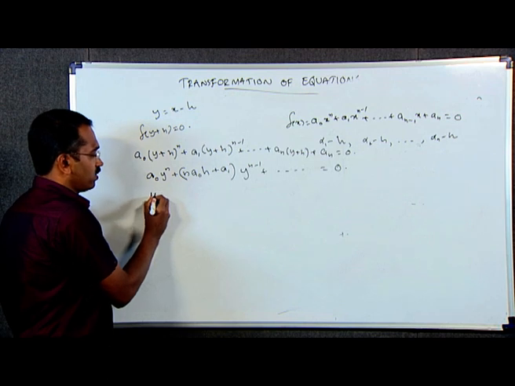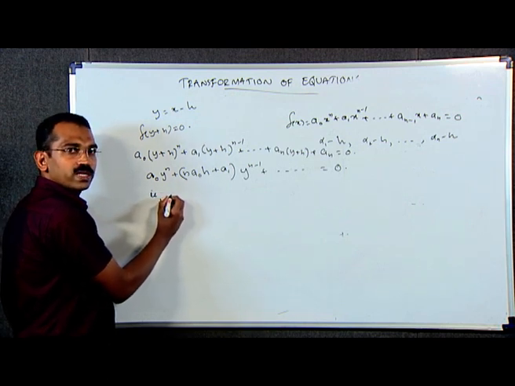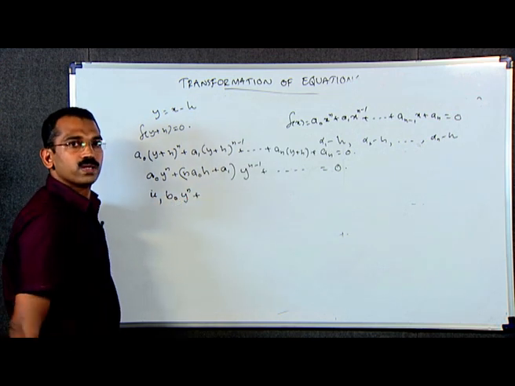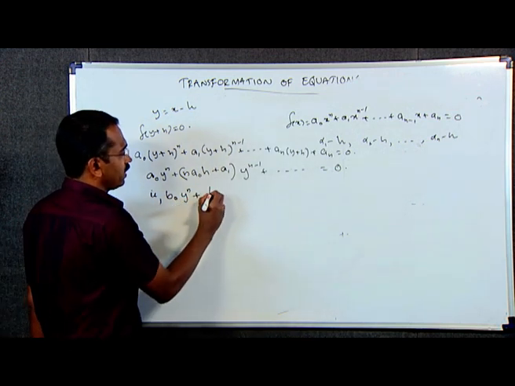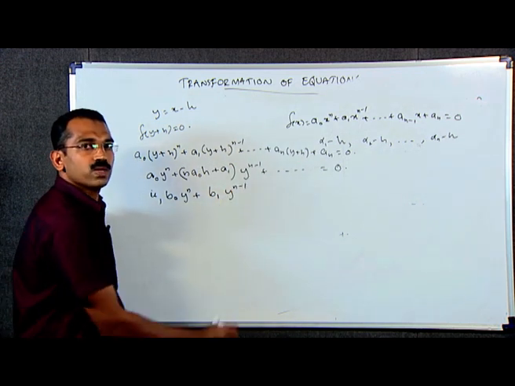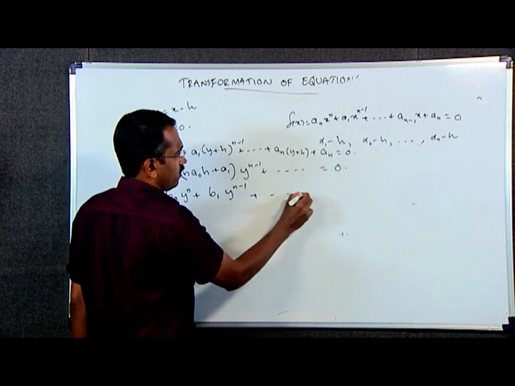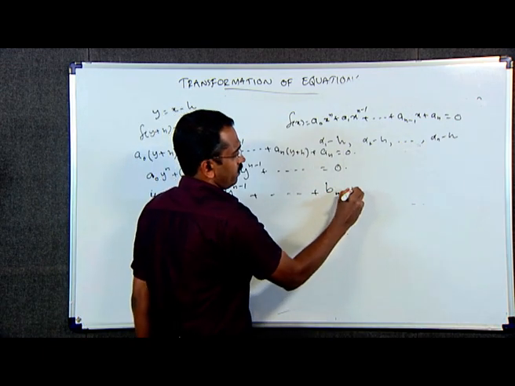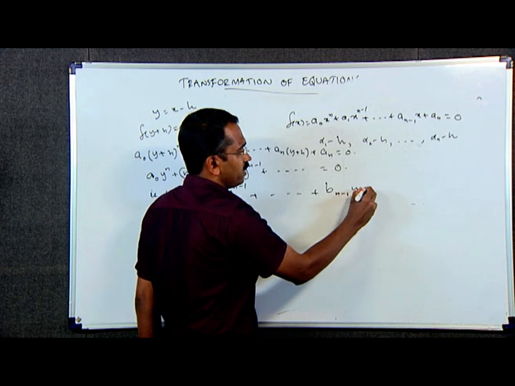That is b naught y raised to n plus b 1 y raised to n minus 1 plus etc. plus b n minus 1 y plus b n is equal to 0.